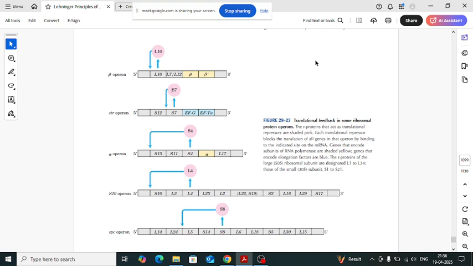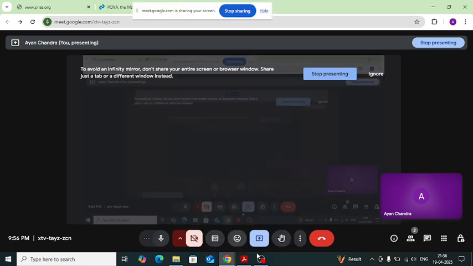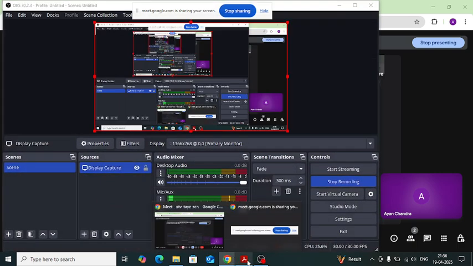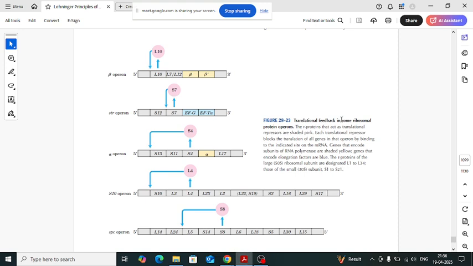Genes that encode the subunits of the RNA polymerase are shaded yellow, and genes that encode the elongation factors, EFG and EF2, are blue.